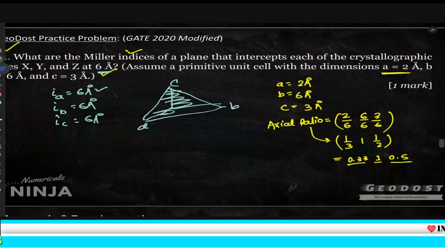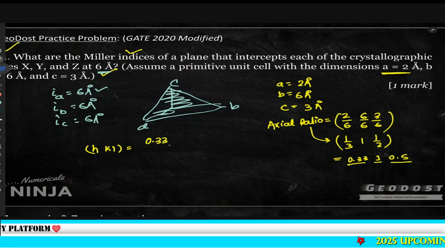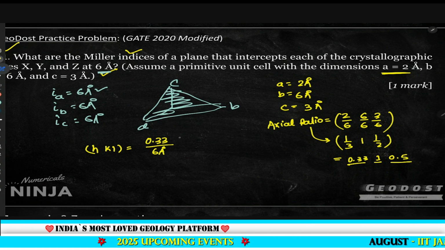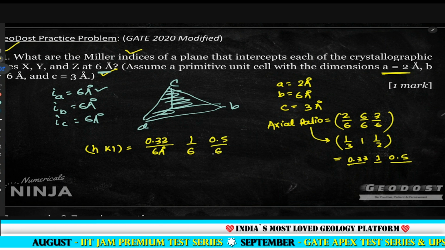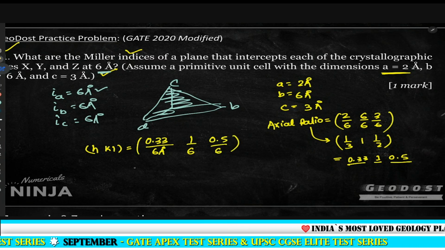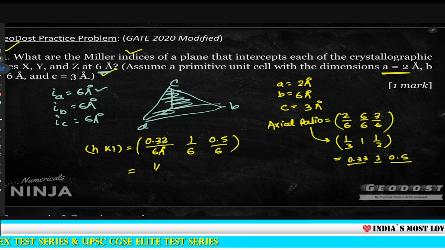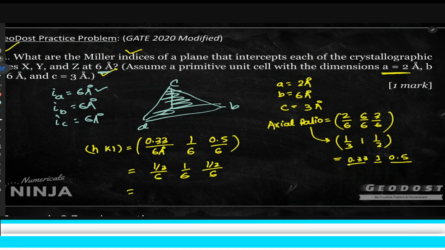So hkl will be 0.33 divided by 6 angstrom, that is 1/6, then 0.5/6. Is it clear? Otherwise, simply you can also write 1/3 divided by 6, 1/6, 1/2 divided by 6. So it will be 1/18, 1/6, 1/12.